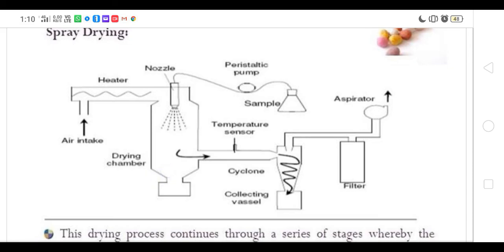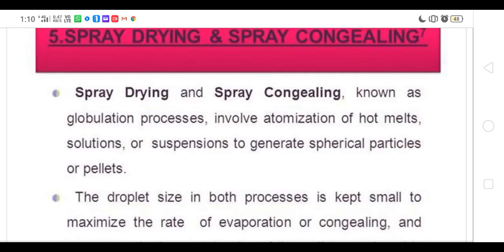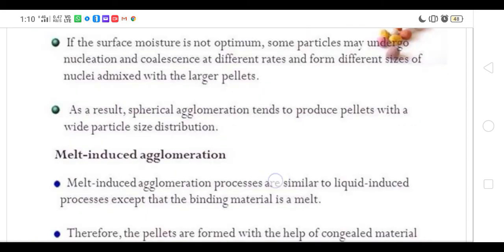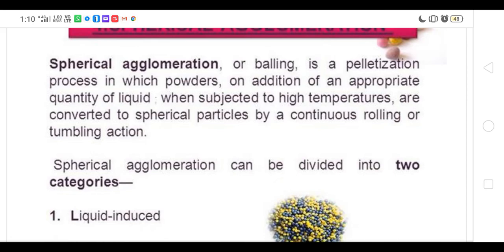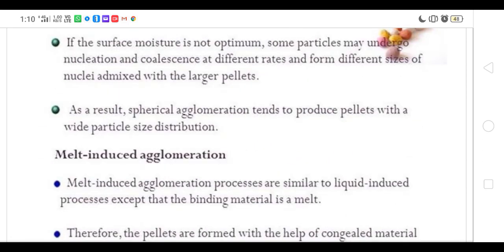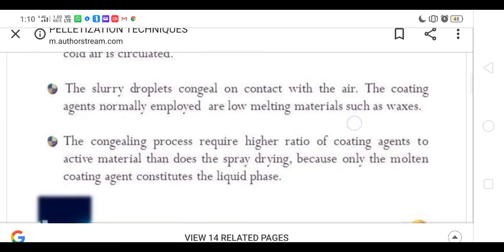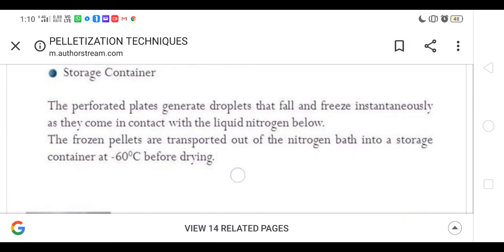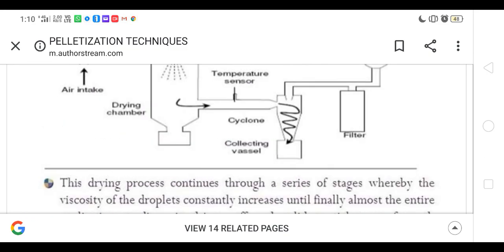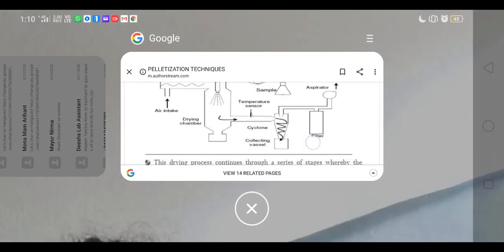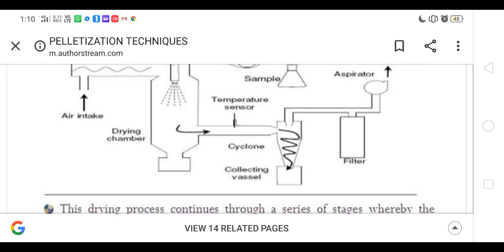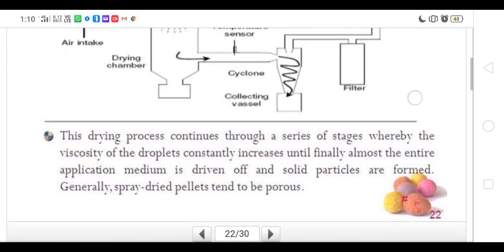Then the material is collected at the bottom, and the air is replaced into the cyclone separator, which will separate out the air, and the particles are collected at the bottom.